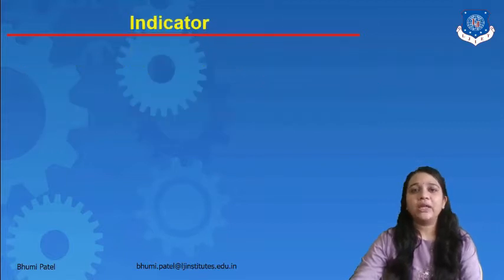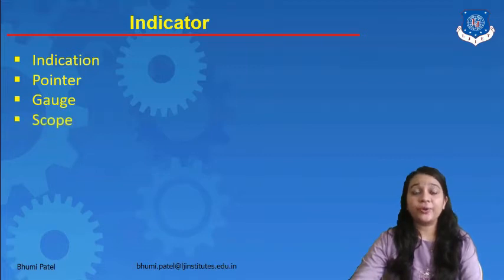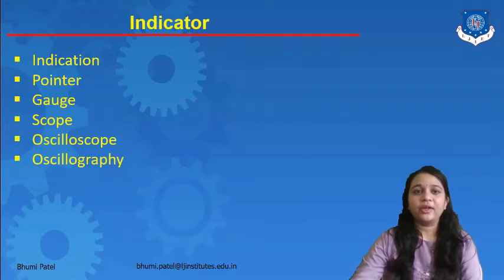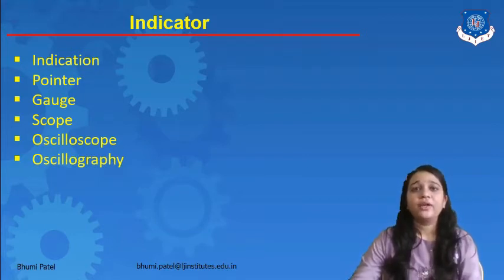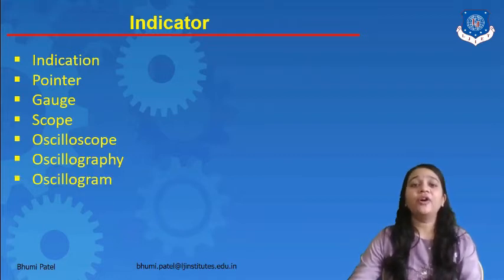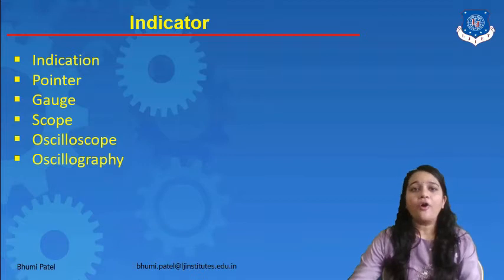In the indicator topic, we will study what indication is, what a pointer is, the gauge, scope, oscilloscope, oscillograph, and oscillogram. In instrumentation, indication usually involves a measurement of a quantity to which a numerical value is attached.